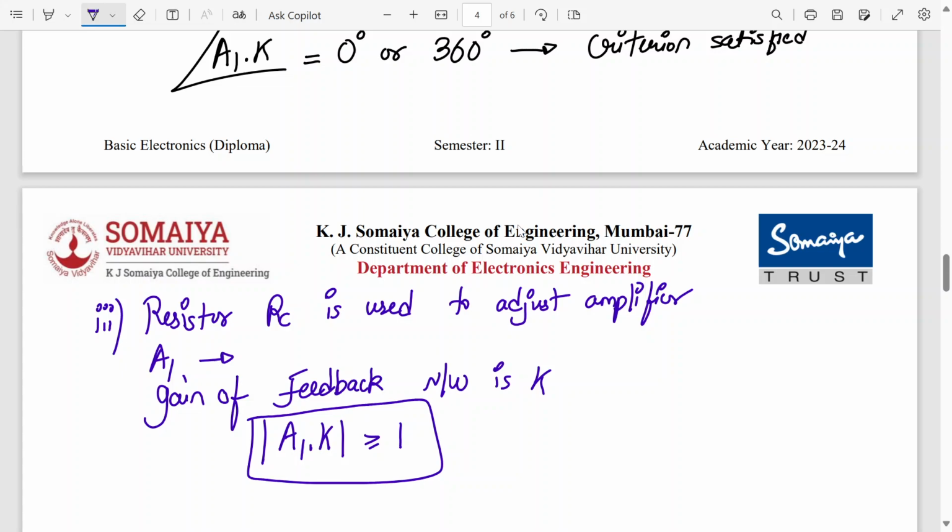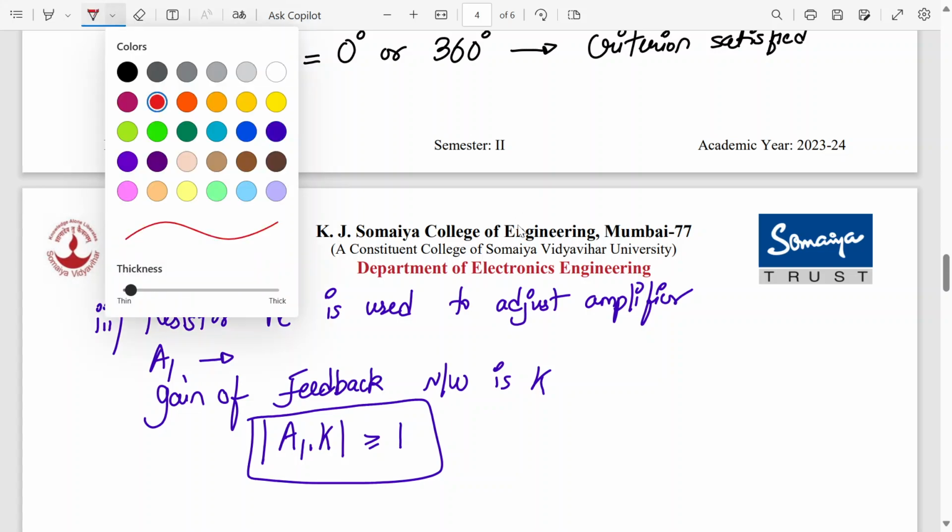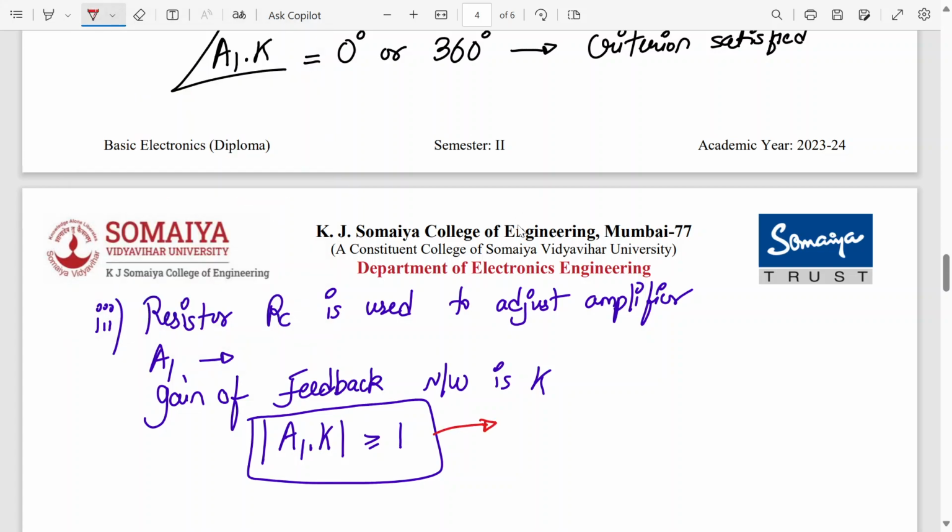So how does the A1 into K criterion get satisfied? You are listening? The gain of the amplifier, that is A1, is adjusted.